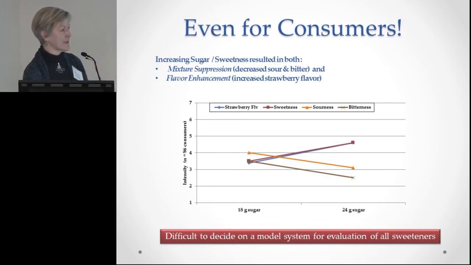I don't like to because they're not trained, but it was a 7-point scale, and even with their untrained status, they definitely can see that as you add sugar, the sourness and bitterness goes down, and the strawberry flavor goes up in their mind. Nothing has changed about the system but the sugar content.